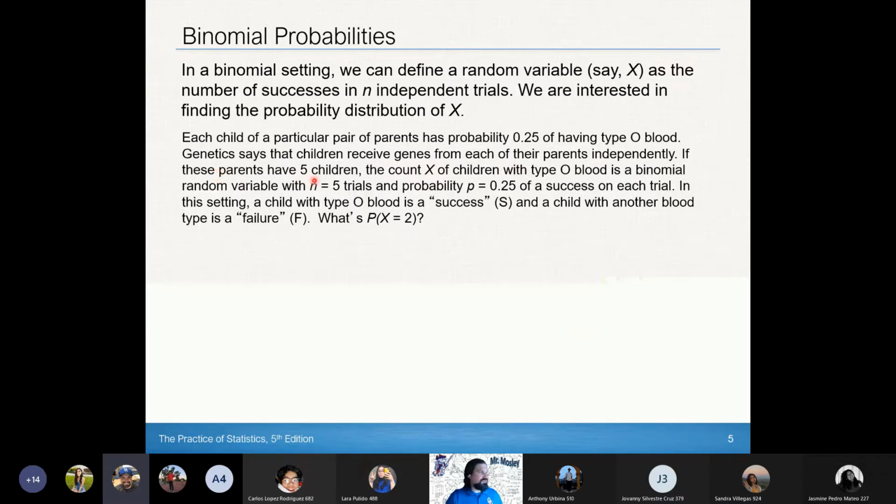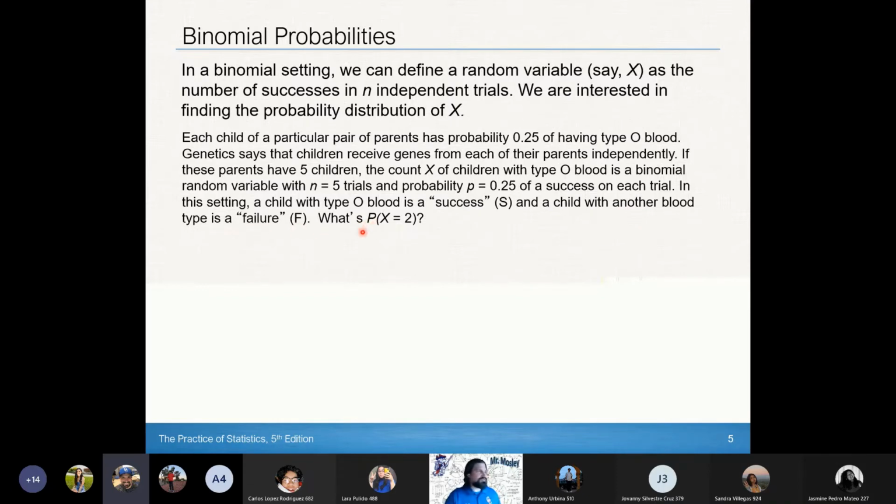If these parents have 5 children, the count x of children with type O blood is a binomial random variable with n equals 5 trials and probability 0.25 of success on each trial. In this setting, a child with type O blood is a success, which we'll label S, and a child with another blood type is a failure, F.